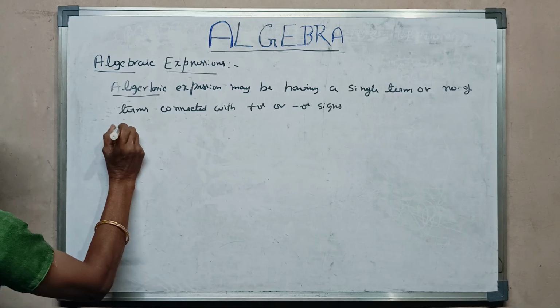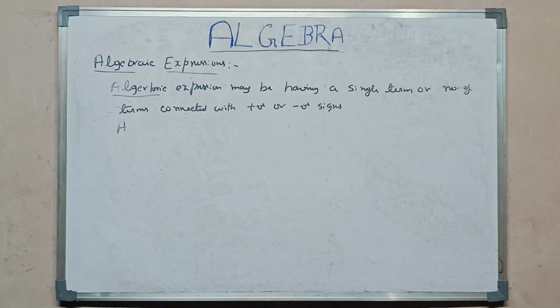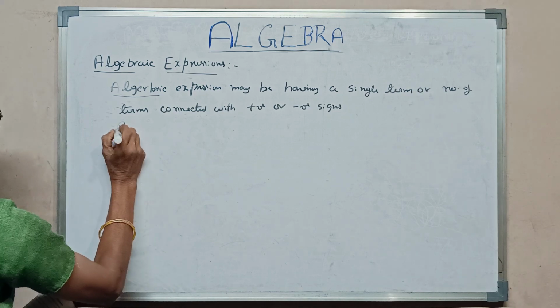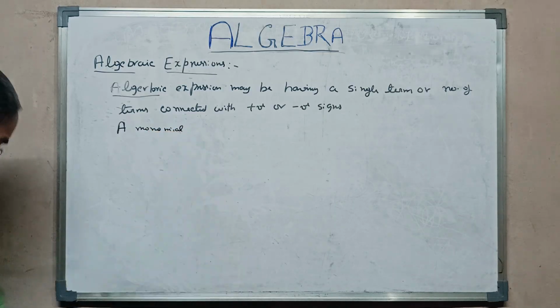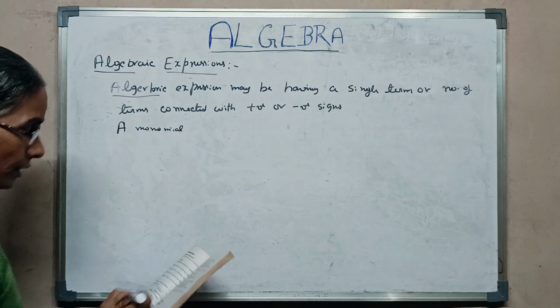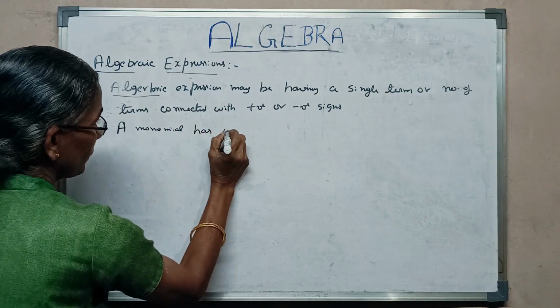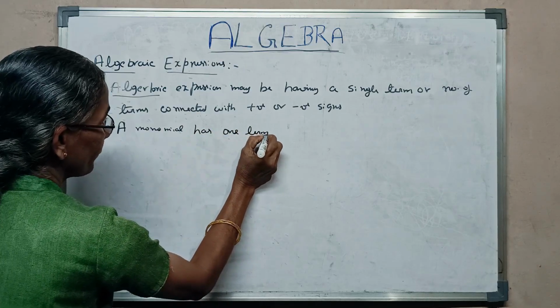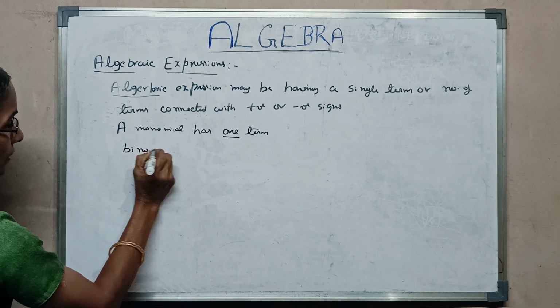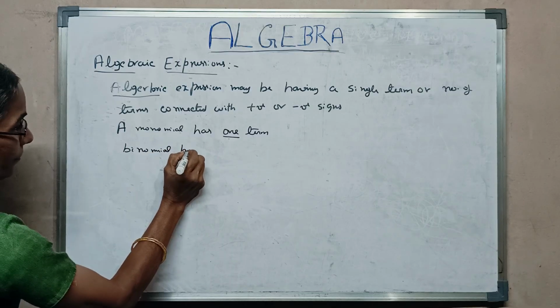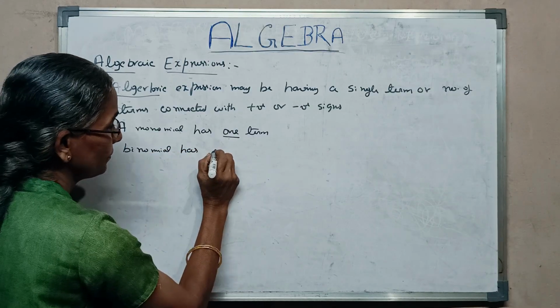Next, monomial. A monomial has one term. A binomial has two terms.